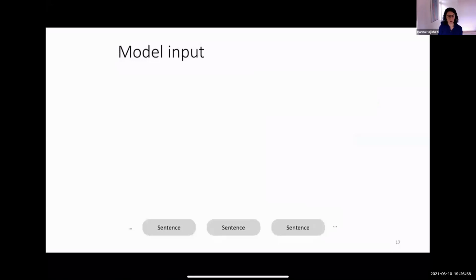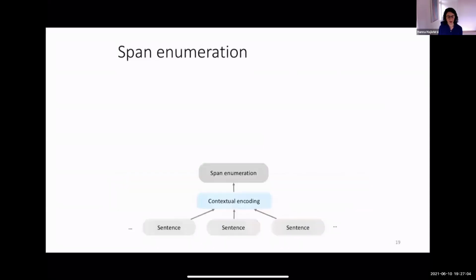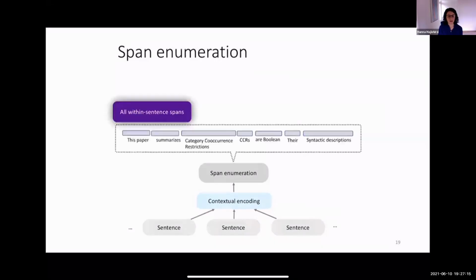So here is how the model works. We have sentences like this. Then we pass them to one of our pre-trained language models, basically the contextual encoding layer. Then we enumerate important spans within sentences, where we define a span as a sequence of tokens within a sentence.